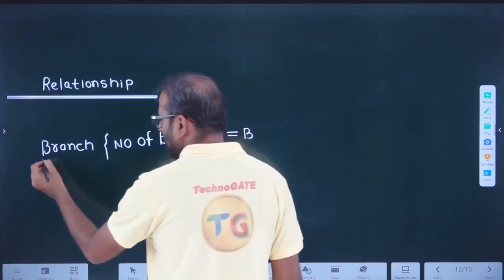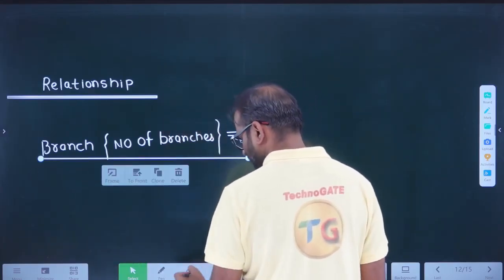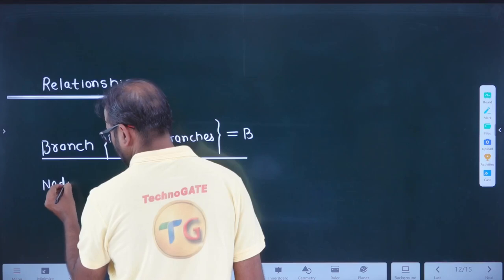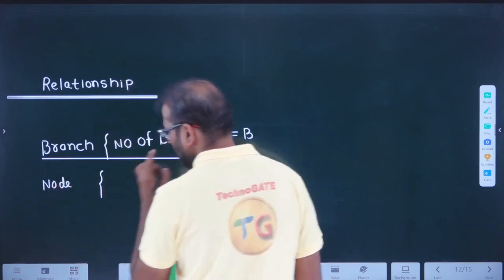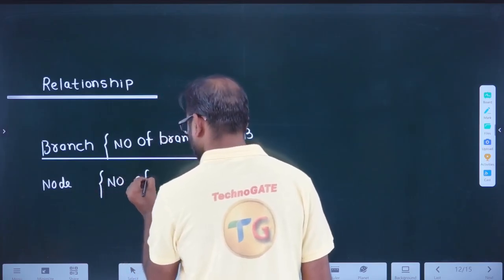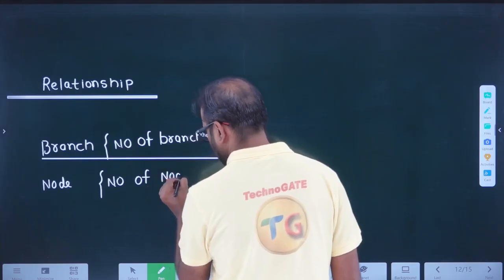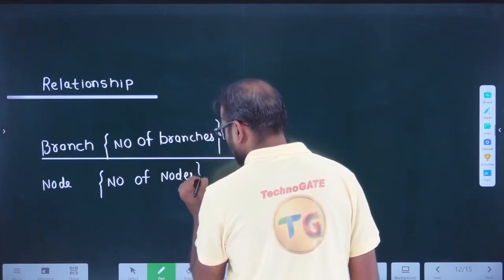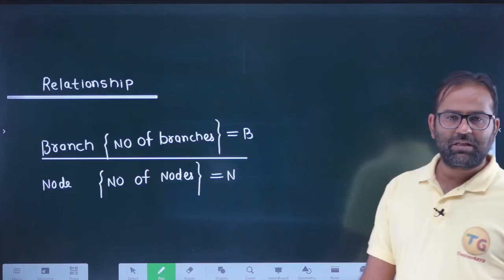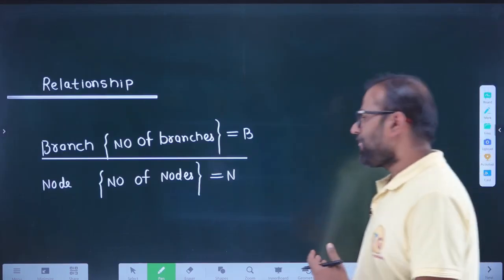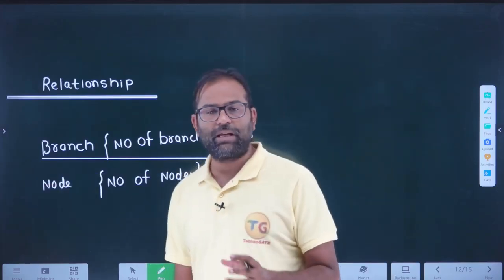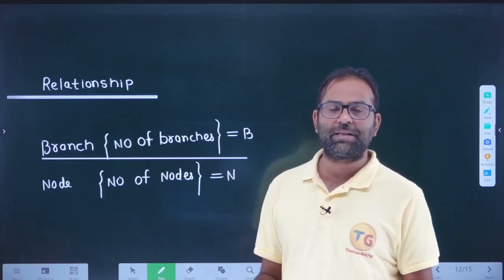We are just saying number of nodes. So we are calling number of branches as B, number of nodes as N, and number of mesh or independent loops equal to, I am calling it M.